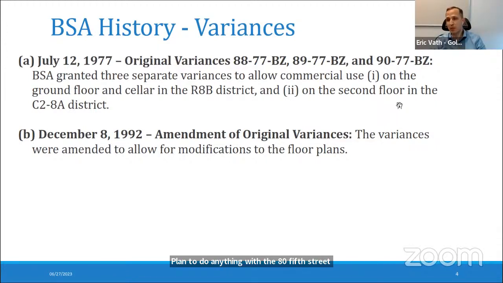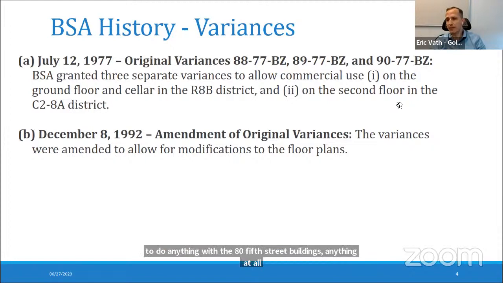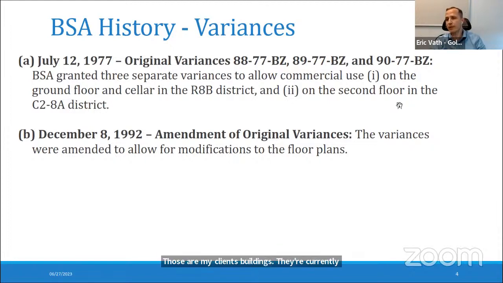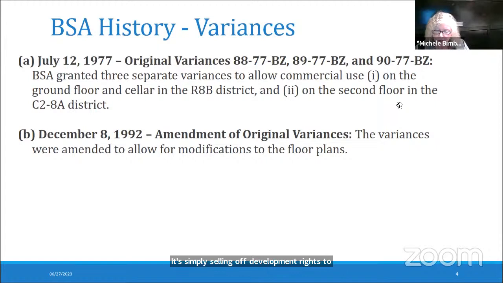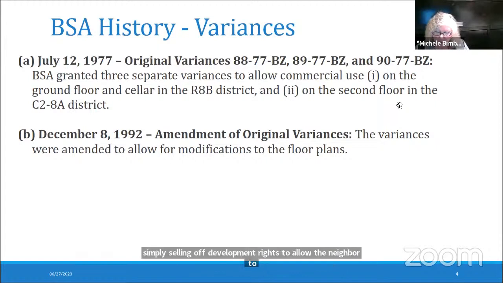Those are my client's buildings. They're currently occupied. There's 42 dwelling units in there. Those aren't going to be touched. Again, the variance site is not going to be touched as part of this application. It's simply selling off development rights to allow the neighbor to. Okay, so those buildings will not be touched as far as you know.